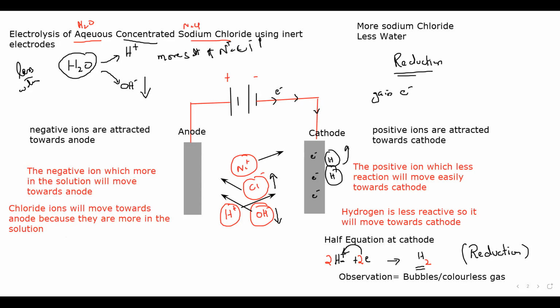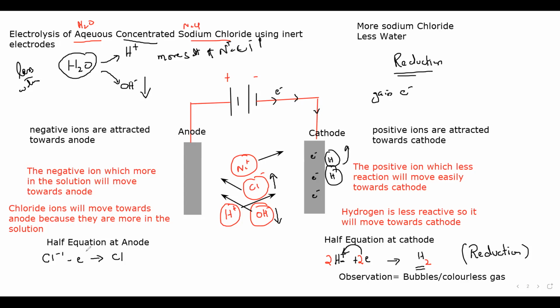And how do we write the half equation for the anode? The chloride ion has a minus 1 charge, so it will be minus e, and it turns into a chlorine atom.